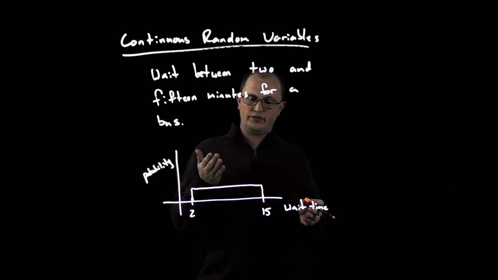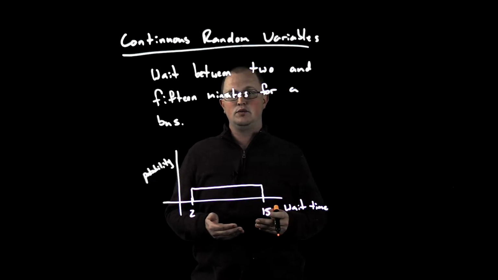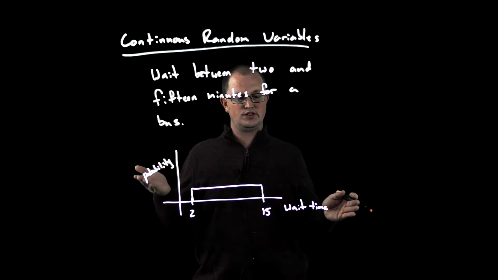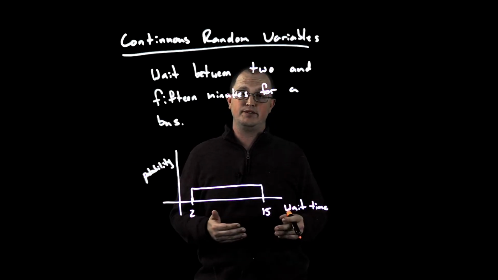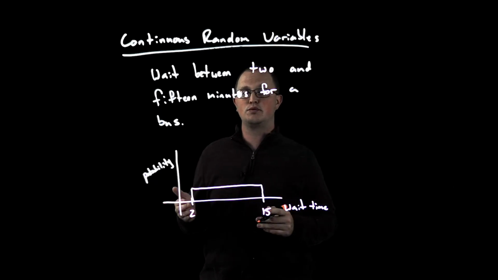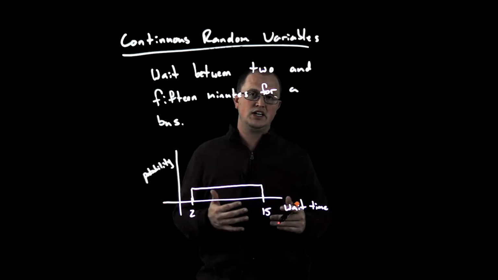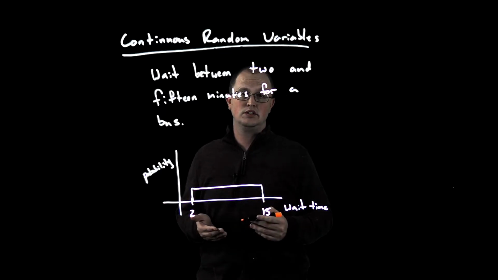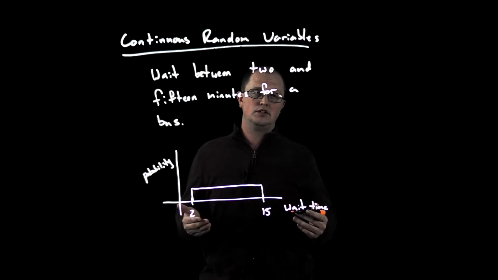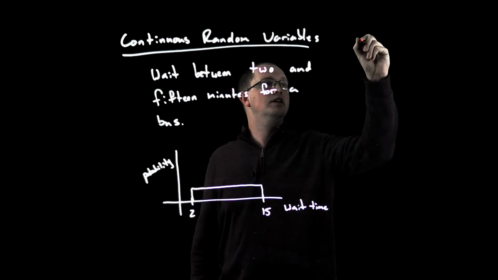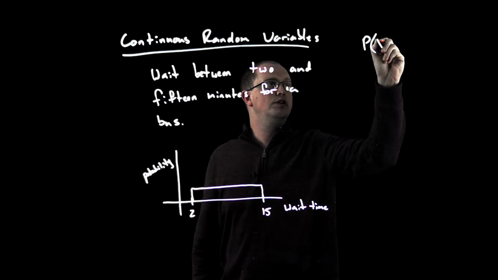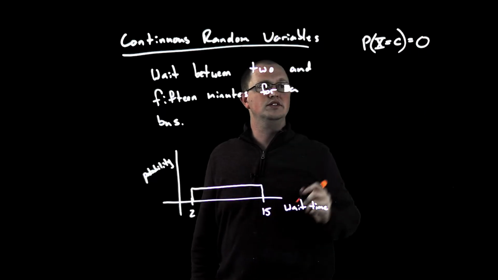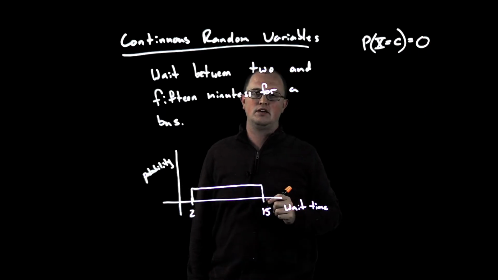And if we said that they're all equally likely, we have to have something non-zero that we can add up an infinite number of times and still get 1. And that doesn't happen. So with continuous random variables, we have this interesting situation where the probability of any one outcome is always 0. So we have our first rule, the probability that x is equal to some value c is always 0.